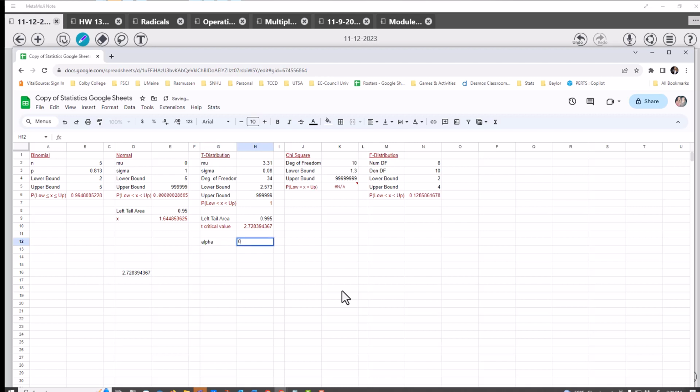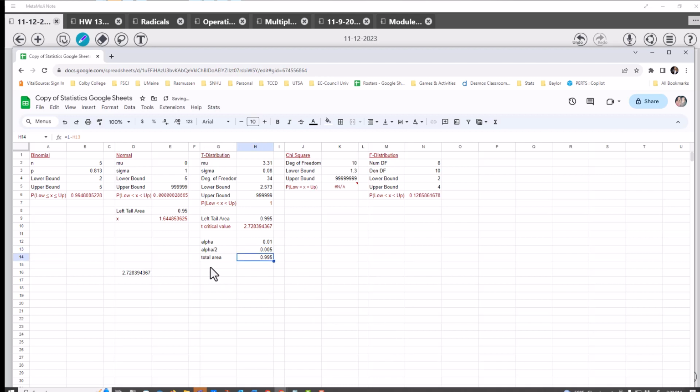This is alpha 0.01. I know that I am going to need alpha divided by 2, so equals that divided by 2, and I'm sticking with my T. And so then the total area in this case is going to be 1 minus the alpha divided by 2 that you saw me do.